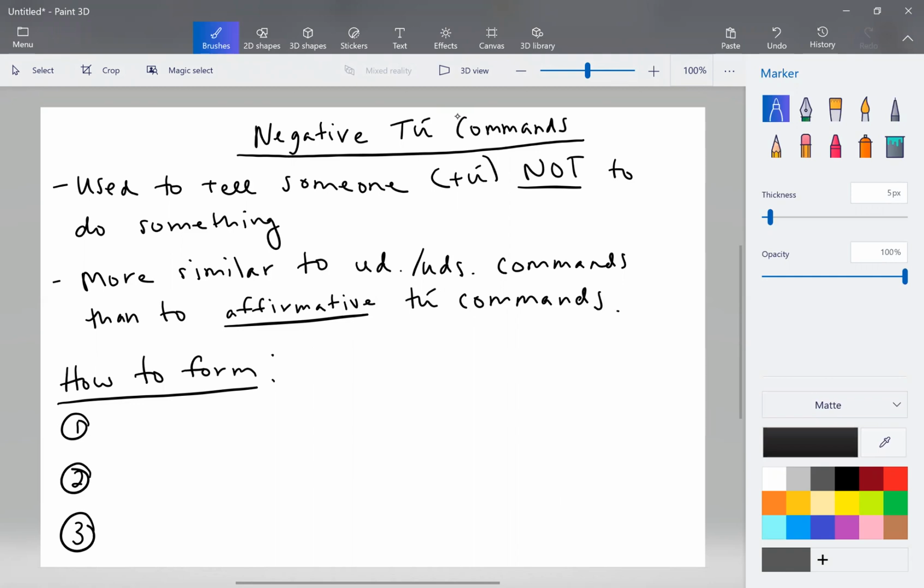How do we form the usted and ustedes commands? What's our first step? Yo. The yo form. Perfect. So we go to the yo form. Then we would take away the O. Perfect. And then we would add the opposite ending.